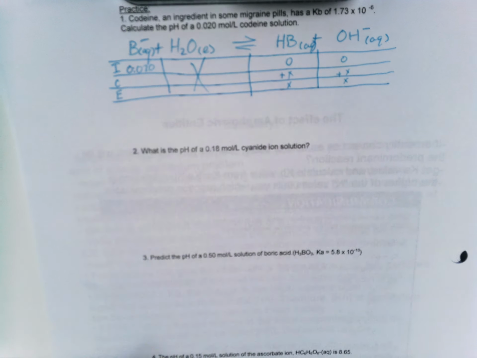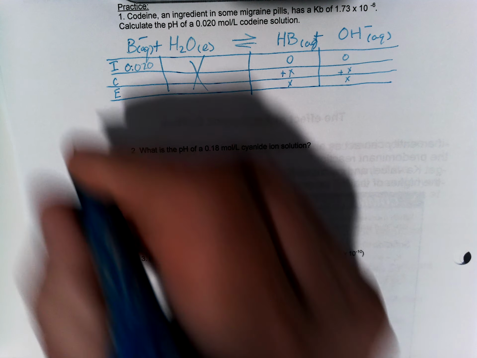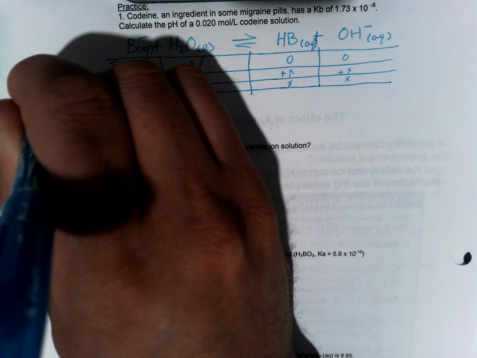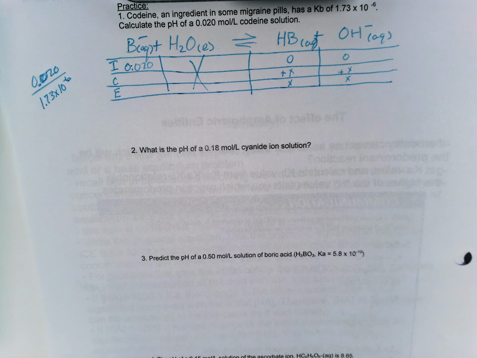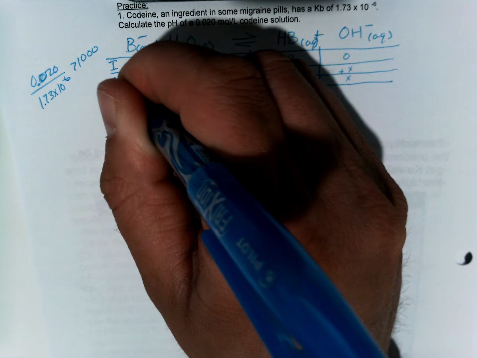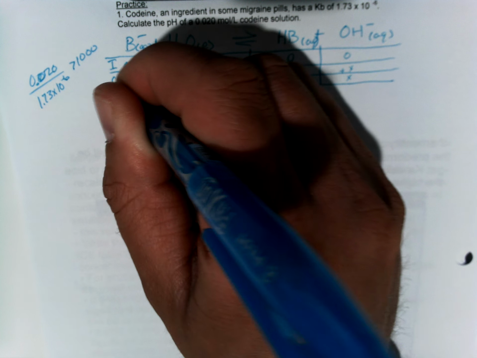And then this is going to be minus x, but first we'll check rule of 1000. Okay, so 0.020 divided by 1.73 times 10 to the minus 6. Okay, we got like 11,560, so that's greater than 1,000. So there is no change, 0.020 will be there.